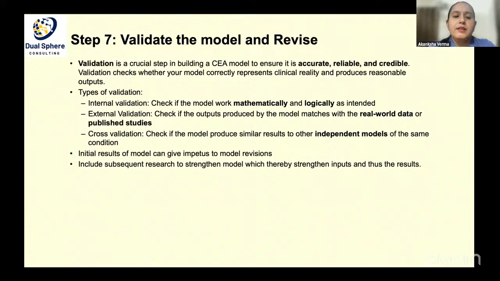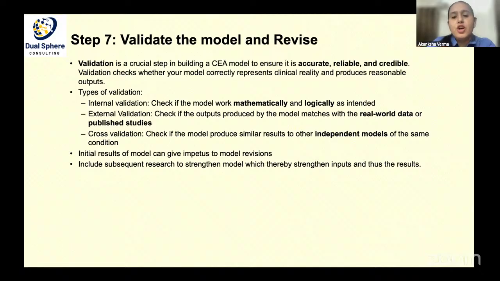So the initial base case results give you an impetus to do more model revisions, and validation helps you to think, and it gives you assurance that your model is more reliable and more credible, and you can then supplement your model with further research to strengthen the model.